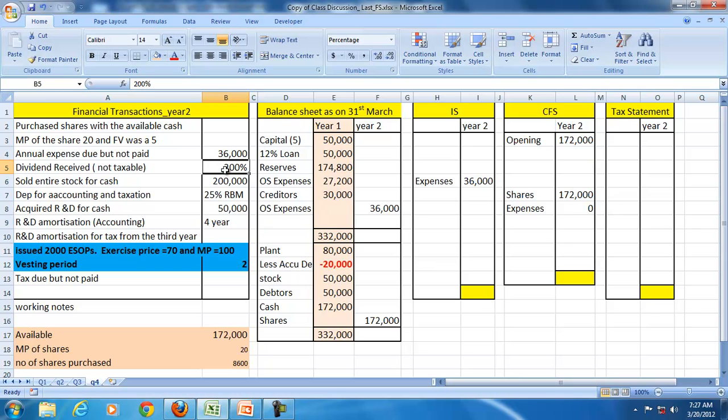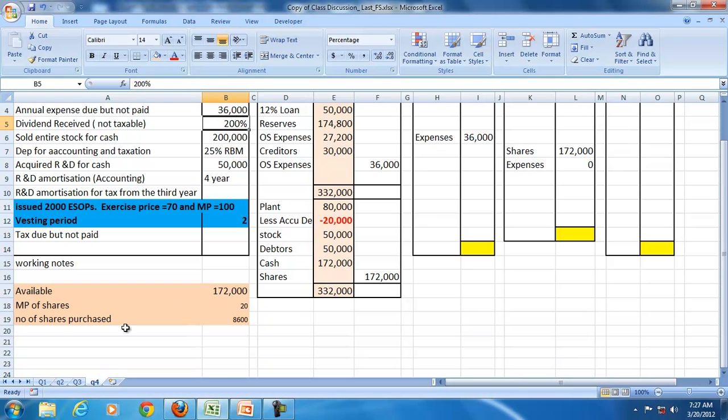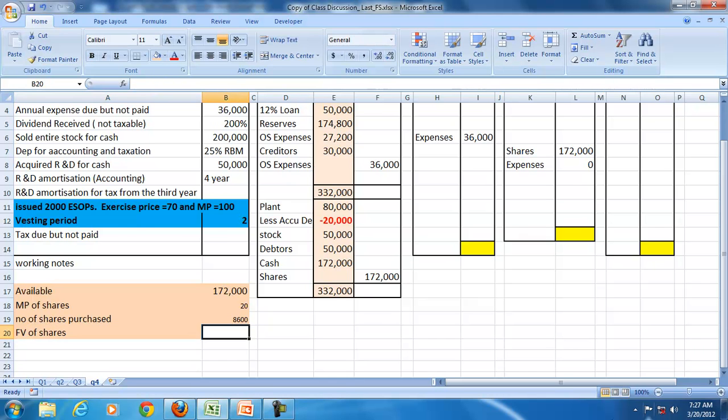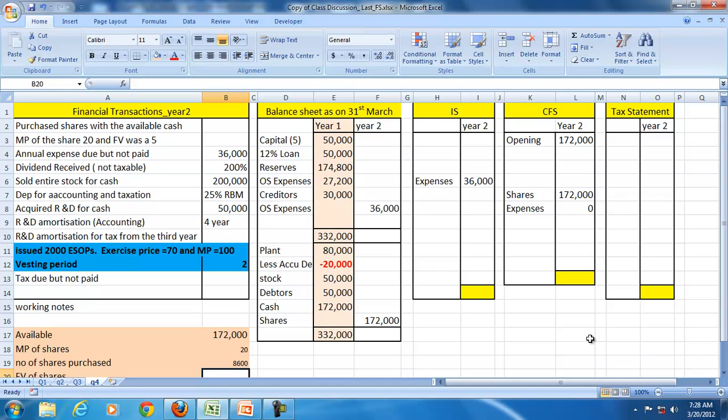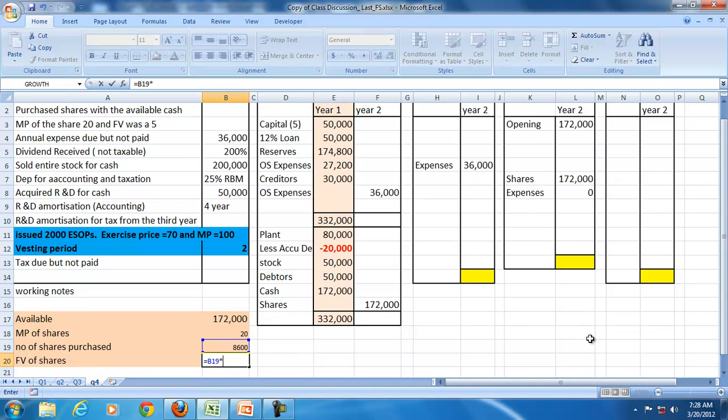Dividend received 200%. So when we say 200%, the dividend is always calculated on the face value of shares. So face value of the shares is given as 5. So therefore the number of shares 8,600 into the face value, 43,000 is the face value of the shares. So the dividend is calculated.